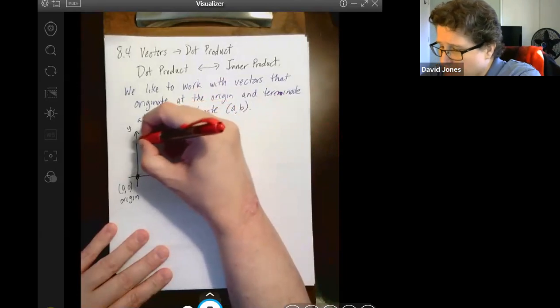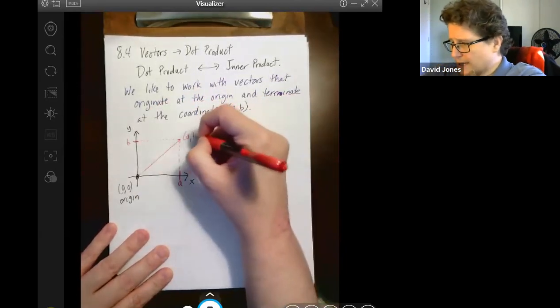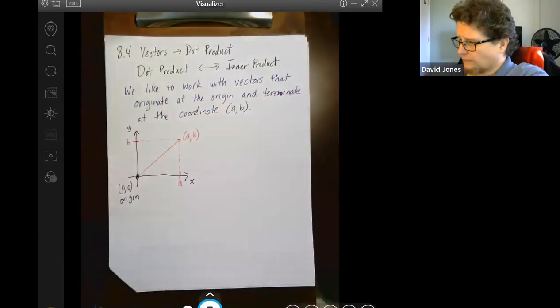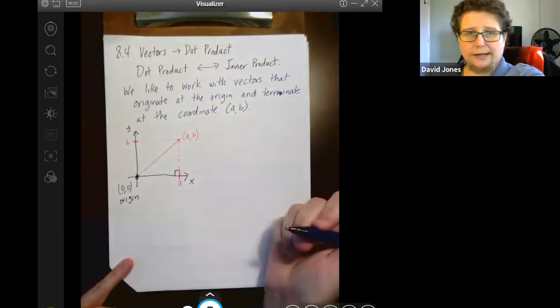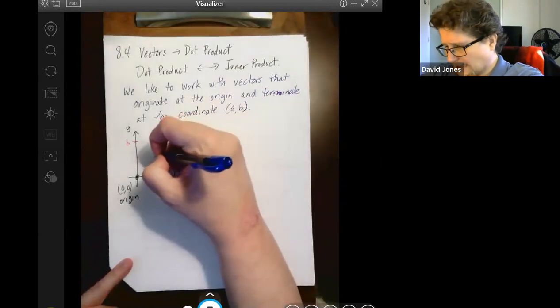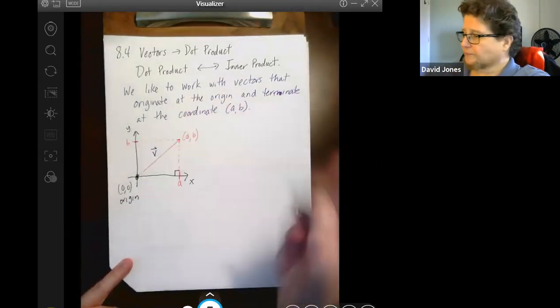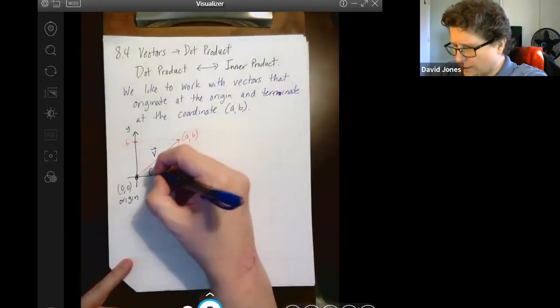This is B over here. So this is the point A comma B. We can see this makes a right triangle. Let's call this vector V. And it makes an angle theta with the x-axis.